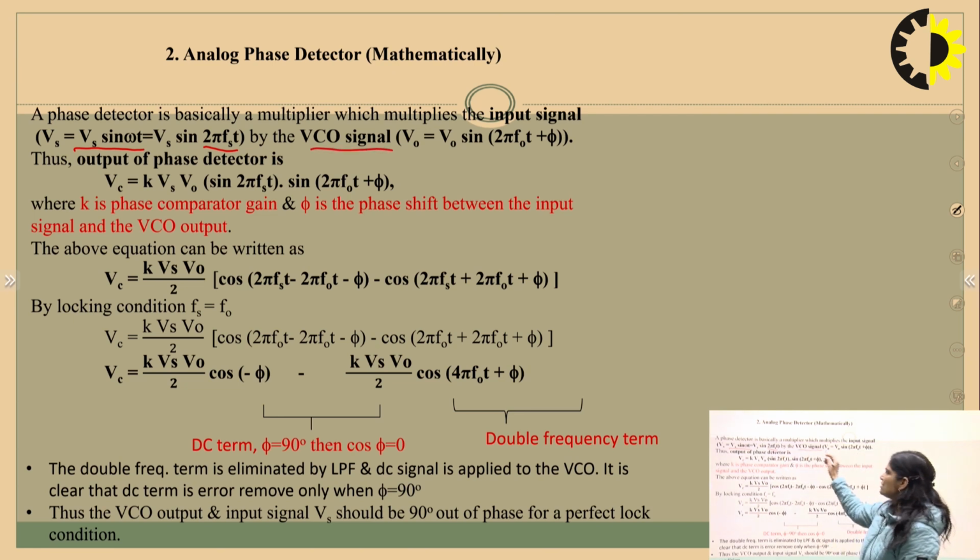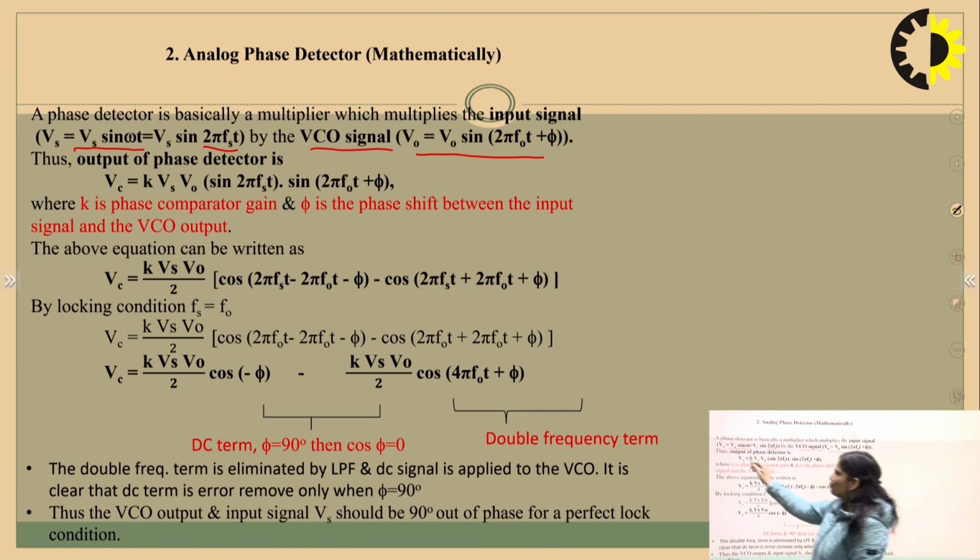The VCO signal is V0 equal to V0 sin (2 pi f0 t plus phi). Now the output of this phase detector is Vc equal to K, where K is the phase comparator gain, and we have to multiply these two signals, signal 1 and signal 2, which is generated from the VCO.